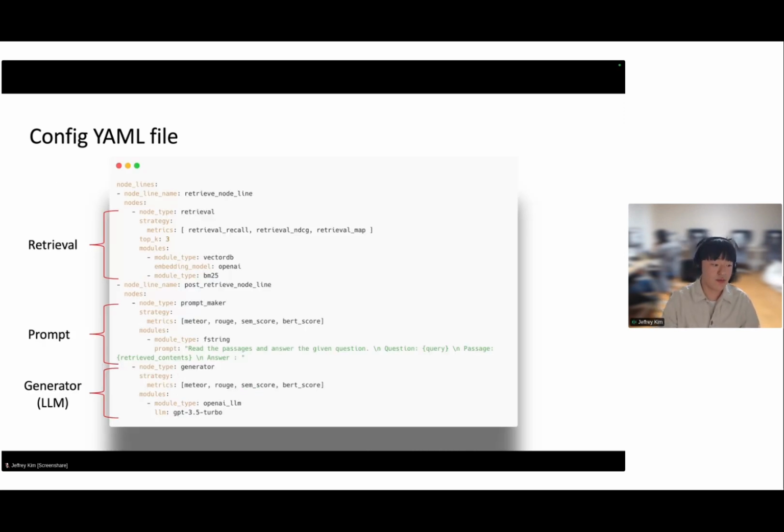So here is a really simple AutoRAG YAML file. As you can see, there is a key named nodes. These nodes are like each step of the RAG components.